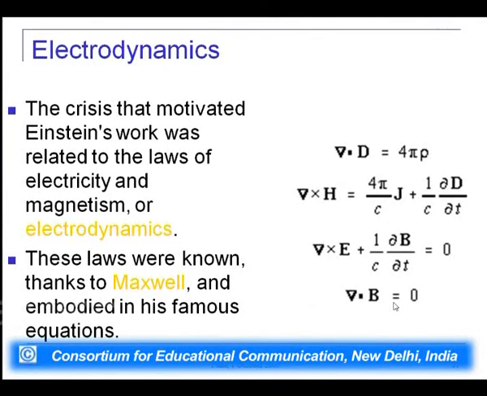We all know about these 4 Maxwell laws, embodied in his famous equations. They are: del dot D is equal to 4 pi rho, del cross H is equal to 4 pi by c j plus 1 by c del D by del t, del cross E plus 1 by c del B by del t is equal to 0, and the last one, del dot B is equal to 0. These 4 equations are given for electricity as well as magnetism, and are known as the Maxwell equations.